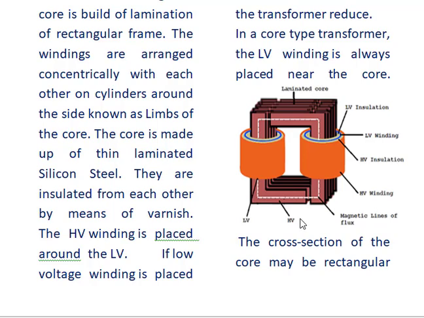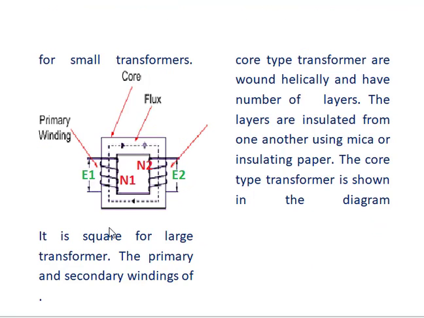The cross section of the core may be rectangular due to the two L-shaped strips. Depending upon the shape of the strips, the cross section of the core becomes rectangular. But in the case of large transformers, the shape is square type.